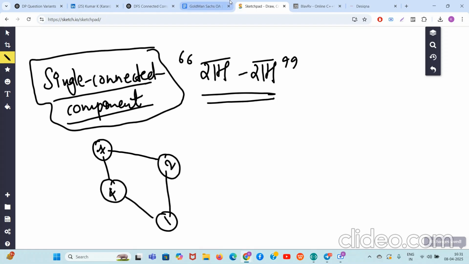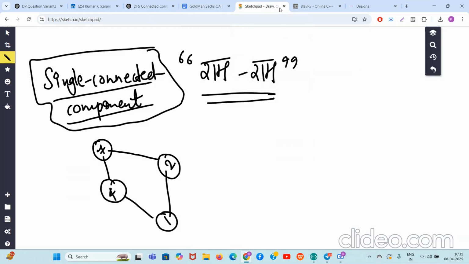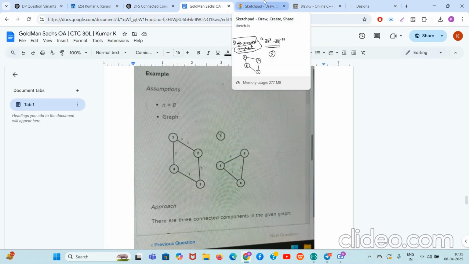Okay. And then there is this node with the value 5, right? Value 5. Then there is one more node with 3 6 8, right?